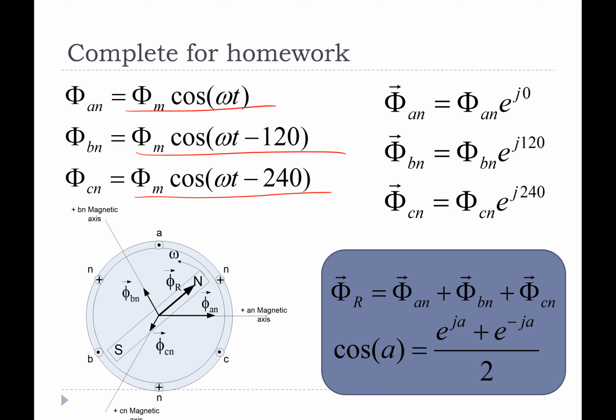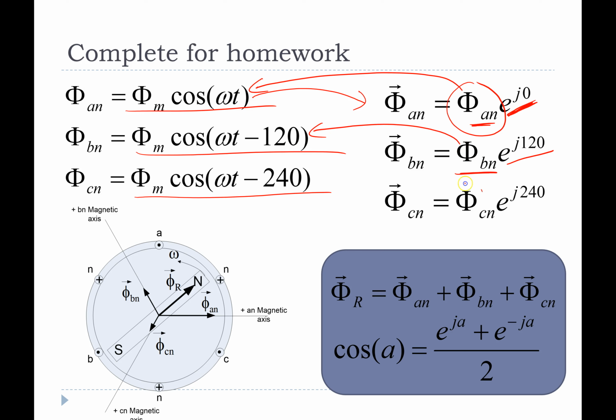And then we have each one of the windings, this one, which is this phi an, is this entire equation, is at a displacement of 0 degrees. Phi bn, which is here, is displaced by 120 degrees, and phi cn is displaced by 240 degrees.